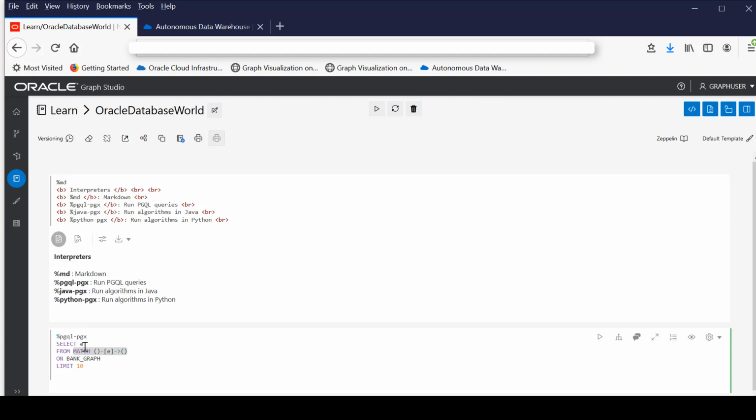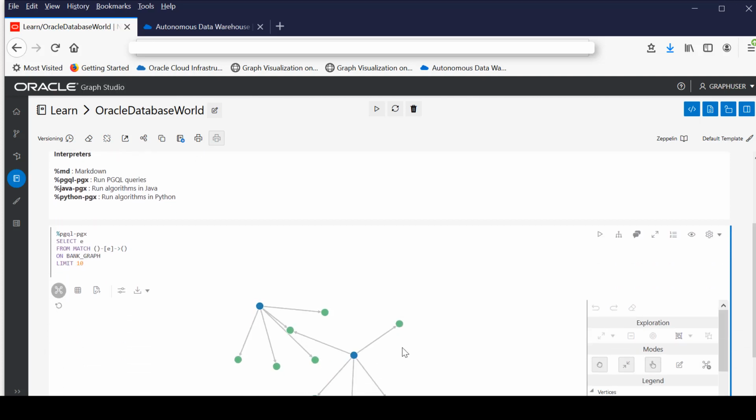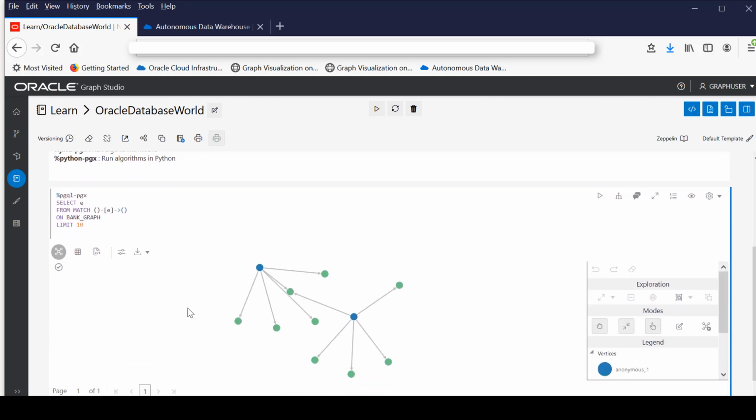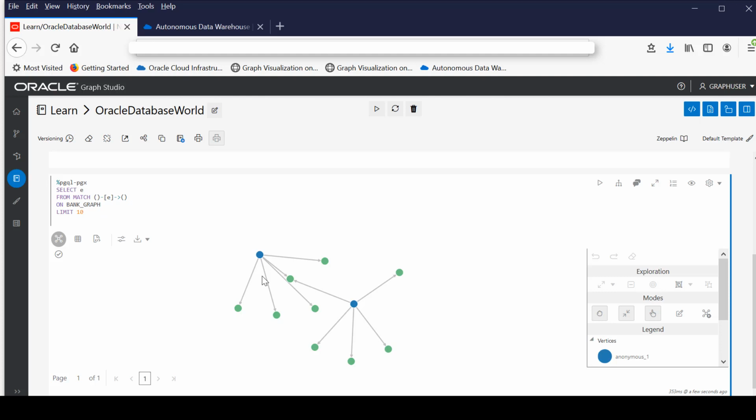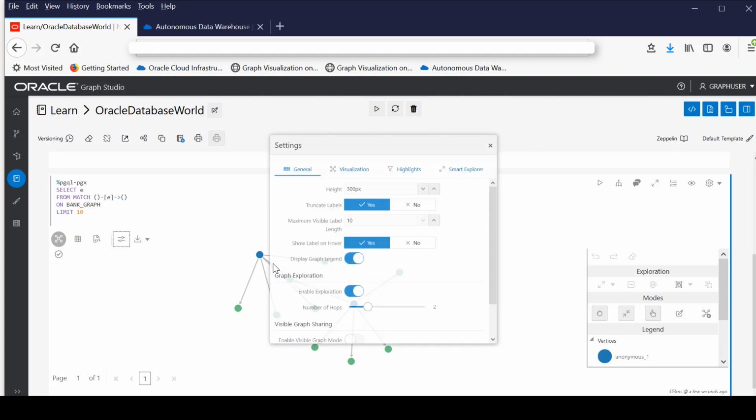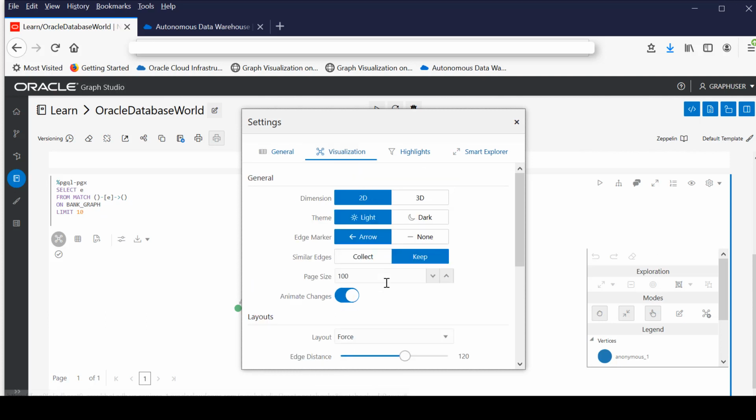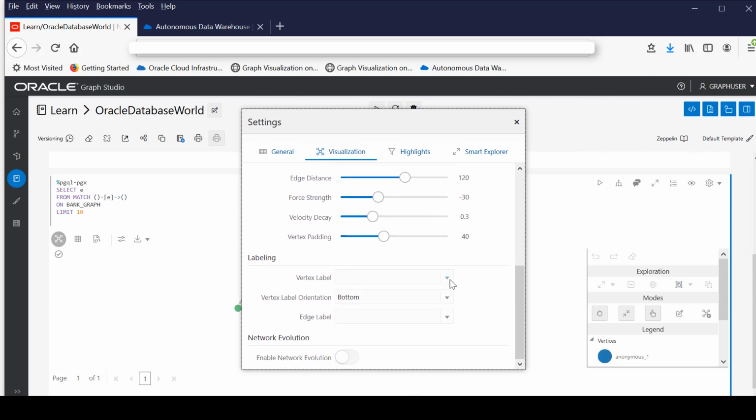This is a simple query which is basically saying select all edges, that is, select all edges that connect any 2 vertices, which is sort of like select star from tab that you might run on a database table using SQL. Because I limited it to 10, I've retrieved a few of the edges. I can go into the visualization tab here to select what I want to display.